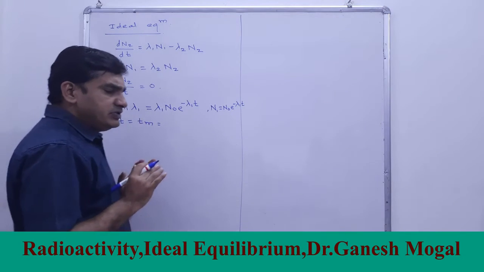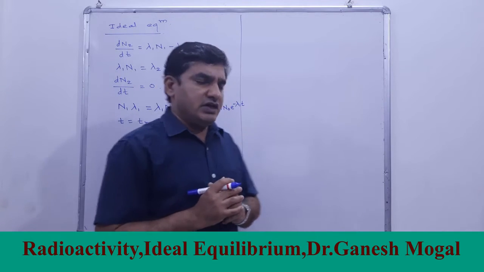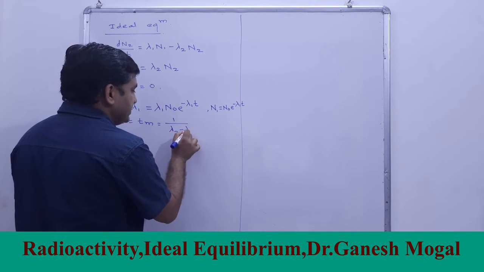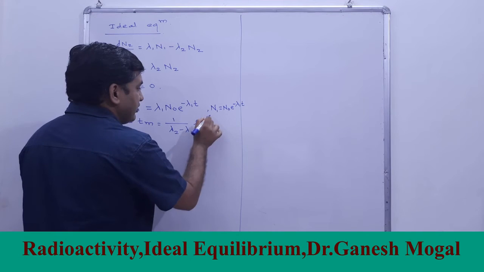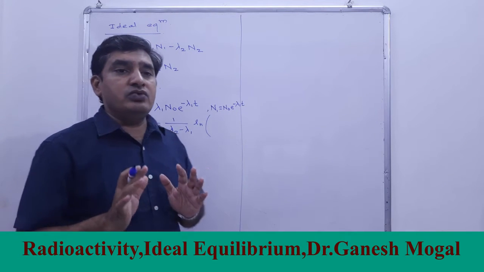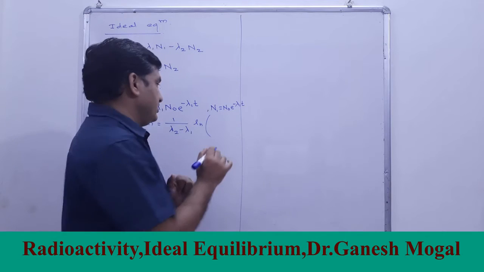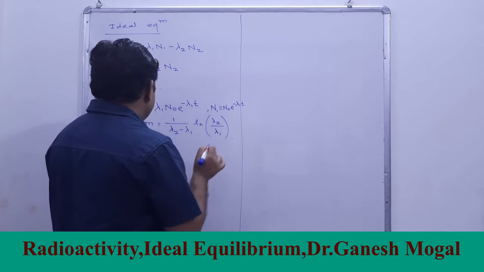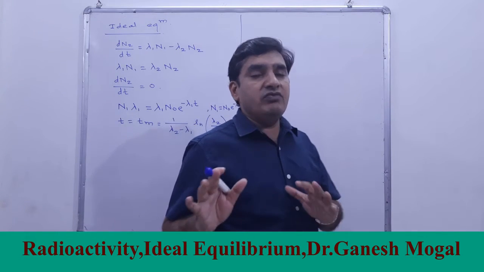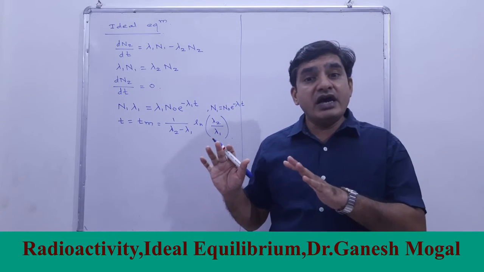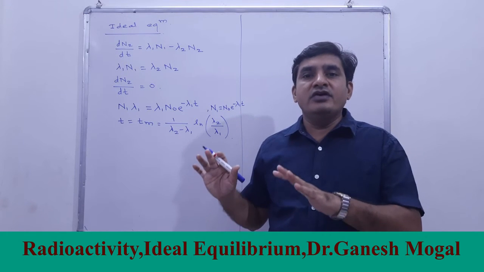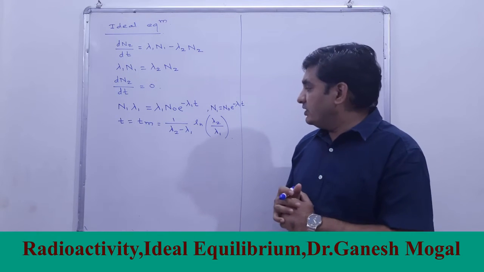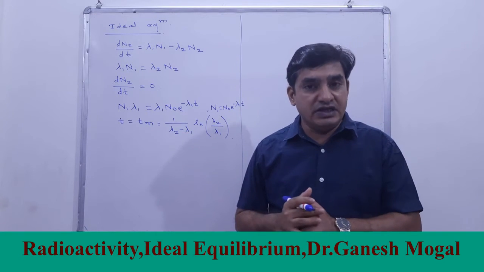This time Tm can be written as 1 upon lambda 2 minus lambda 1 ln of lambda 2 divided by lambda 1. This represents the time for which the activity of the parent is equal to the activity of the daughter. So this is the Tm.